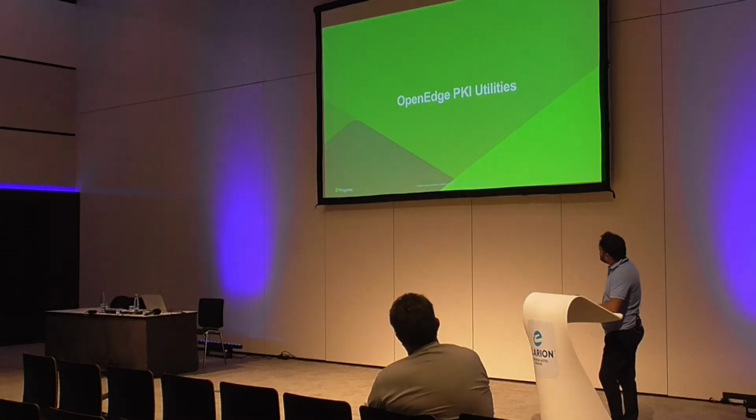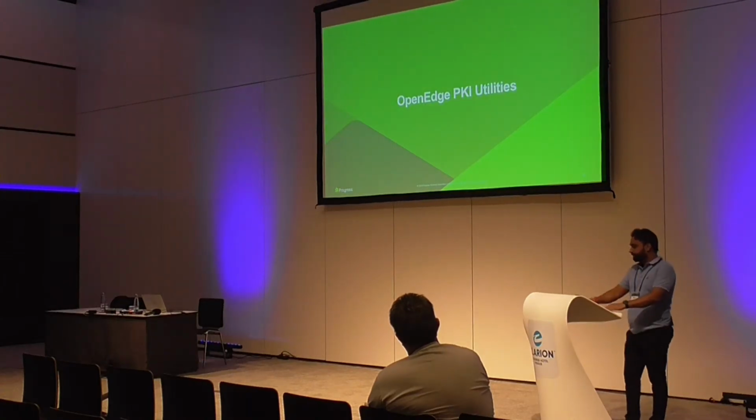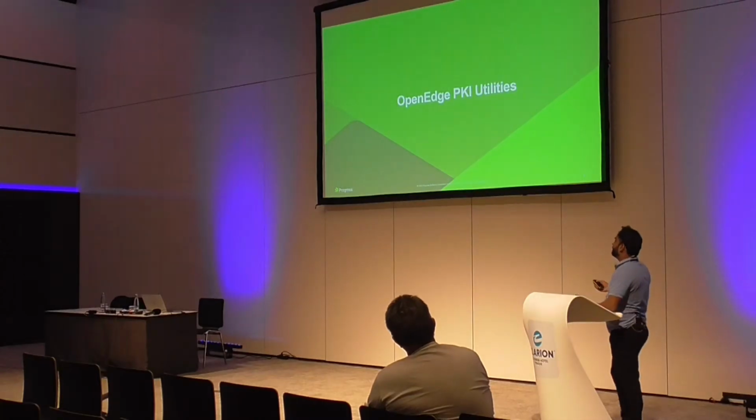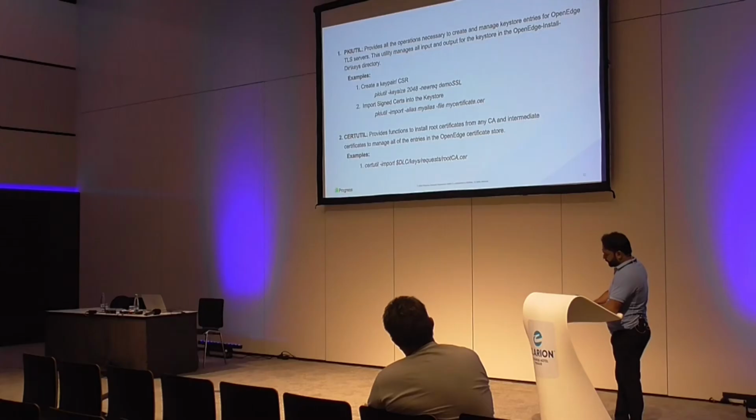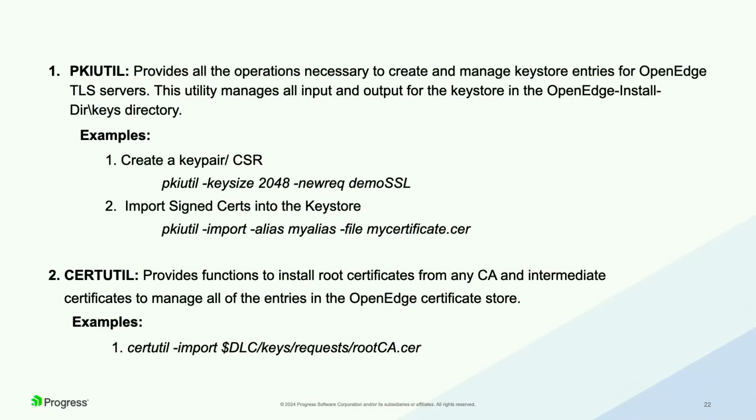All right, so next one is OpenEdge PKI utilities. Here I'll be talking about some of the PKI utilities which we ship with the product. First one is pkiutil. This is mainly for the keystore, the DLC keys folder.